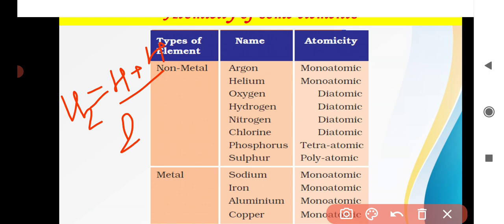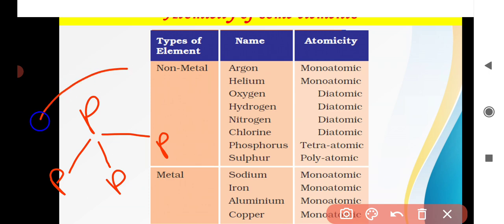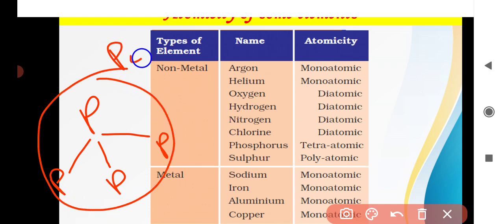That's why it is called diatomic. Whereas phosphorus combines with other phosphorus atoms, and the phosphorus molecule is formed by combining four atoms of phosphorus. That's why it is called tetraatomic.